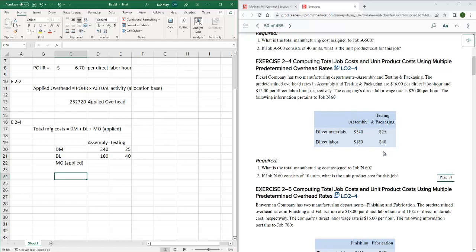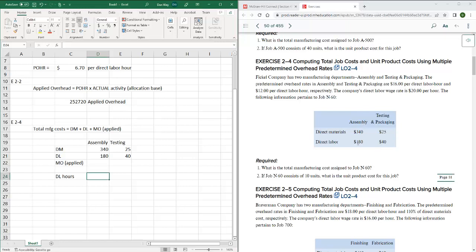But what we don't know explicitly is how many direct labor hours were worked in those departments for this one job. However, we do know that the company's direct labor wage rate for everybody apparently is $20 per hour. So let's real quick figure out how many labor hours were worked on this job at each department.